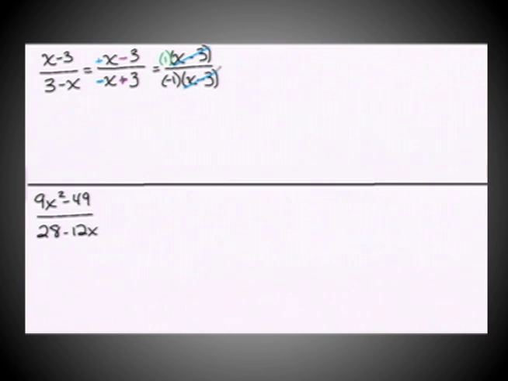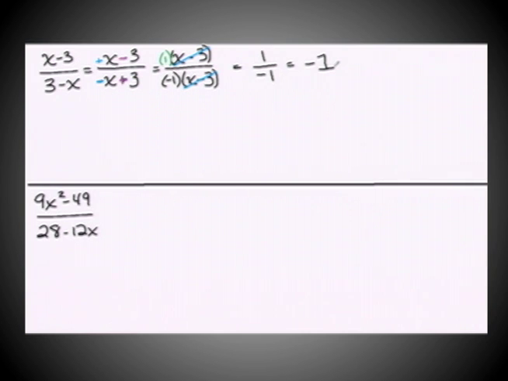So the reason that I put that understood 1 in the numerator was to hold that place. So now we have 1 divided by negative 1. And we should know by now that 1 divided by negative 1 leaves us with a negative 1. So the simplified form of this rational expression is negative 1.